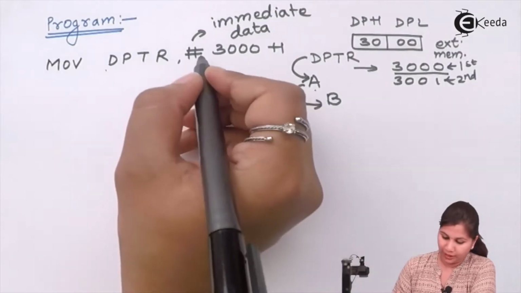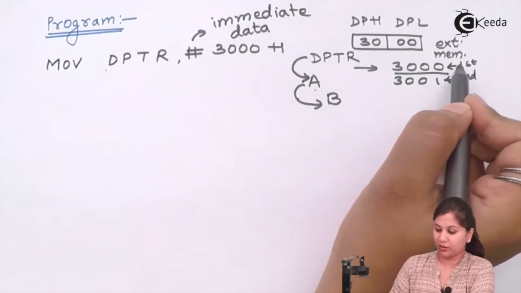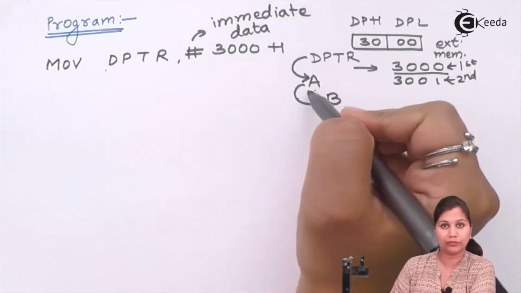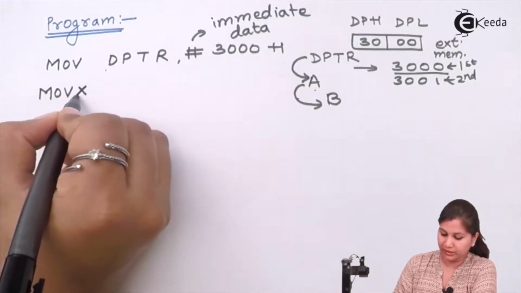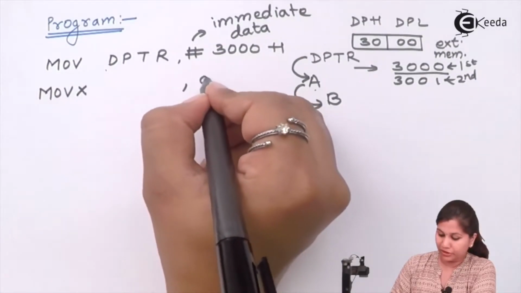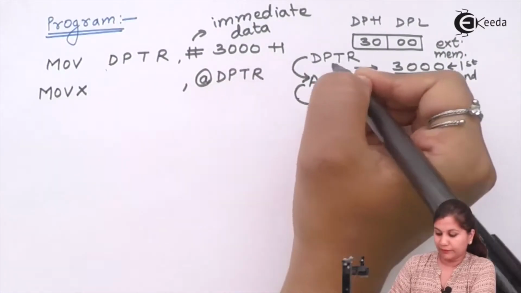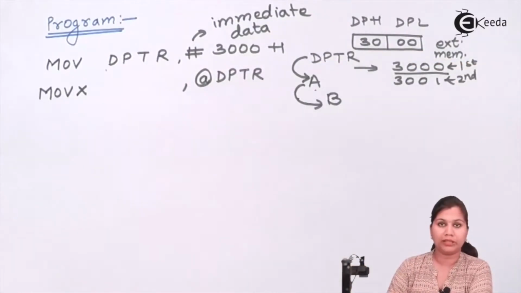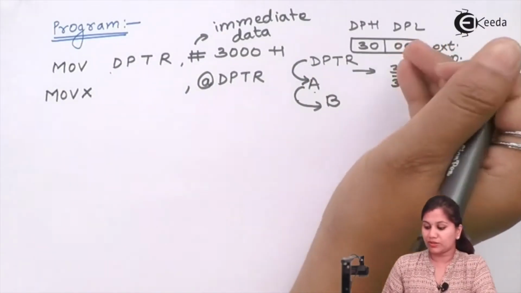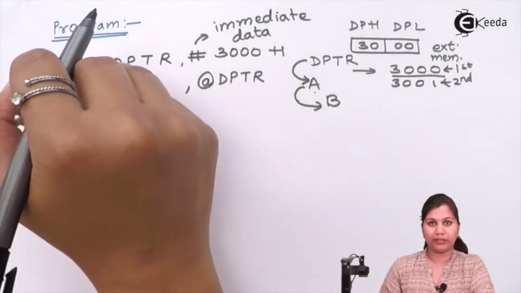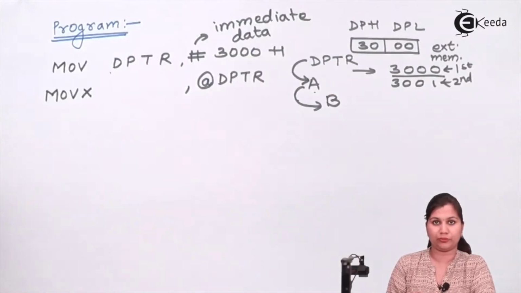Okay. Now next, because we have to move the number which is stored at the 3000 memory location into the accumulator, we will use the next instruction, MOVX. The number in DPTR is the memory address, that is 3000. Now 3000 is not going to be shifted into the accumulator. The number which is stored at 3000 is to be shifted into the accumulator.